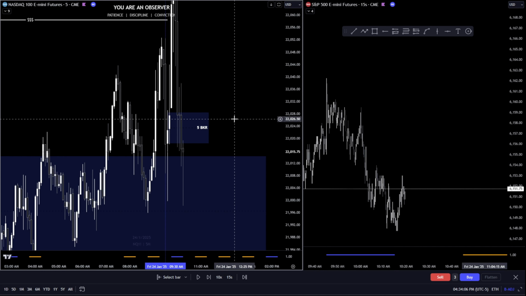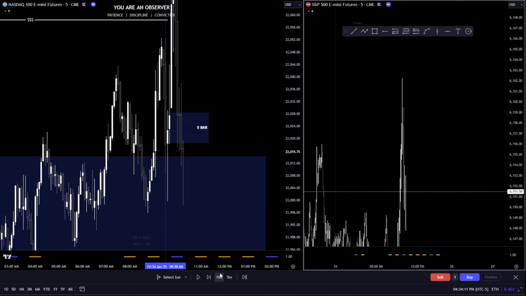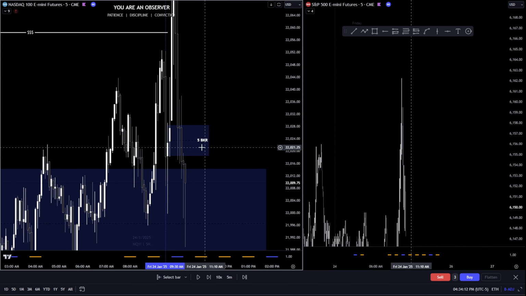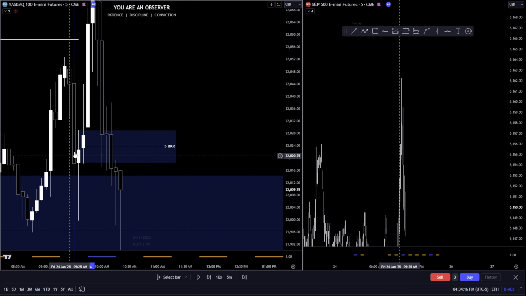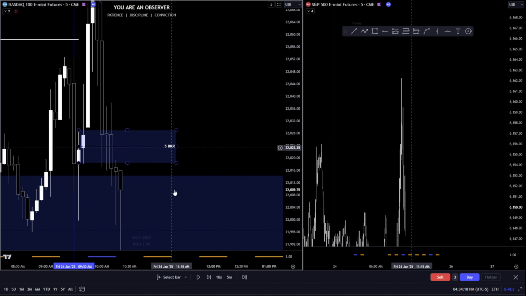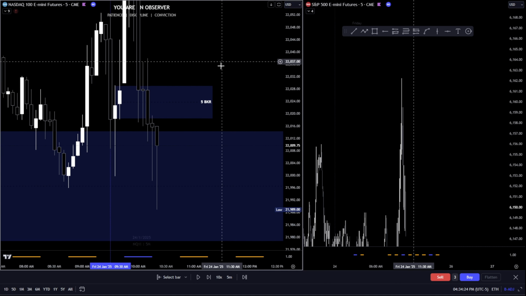This goes down one more time. And then I noticed this. So I mark out the breaker block. Everyone marks out breaker blocks differently, but I usually do, if it's a bearish model, from the body open to the high wick.